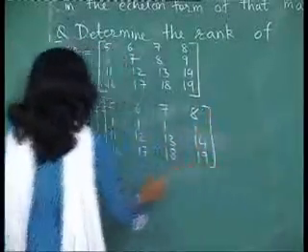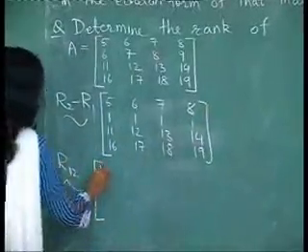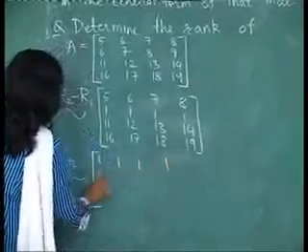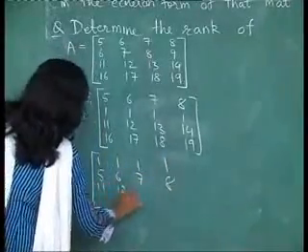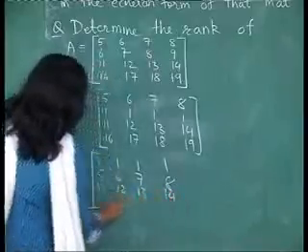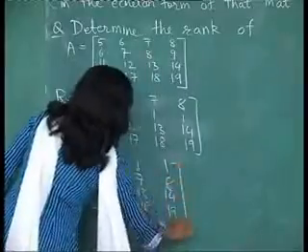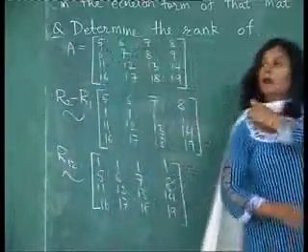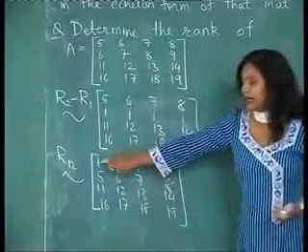Now I will interchange the first row with the second row. So I'll get 1, 1, 1, 1, 5, 6, 7, 8, 11, 12, 13, 14, 16, 17, 18, 19. So I have managed to avoid the fractions and still get a leading one in this position.